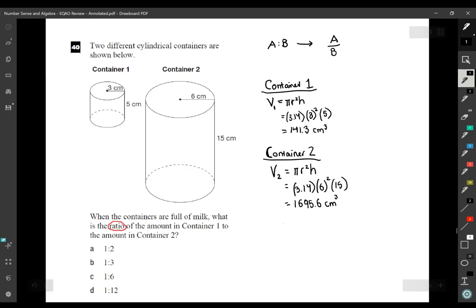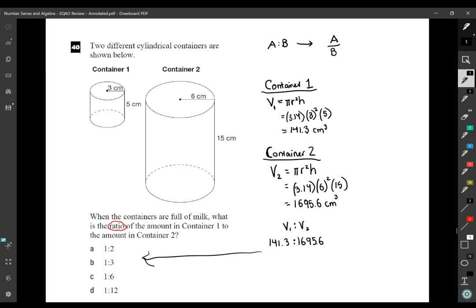So let's create our ratio where we have volume 1 to volume 2. I have 141.3 to 1,695.6. Now that ratio does not look like anything we have over here, so that means we have to simplify, just like we would simplify a fraction.